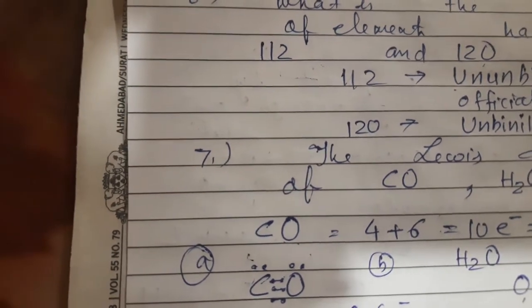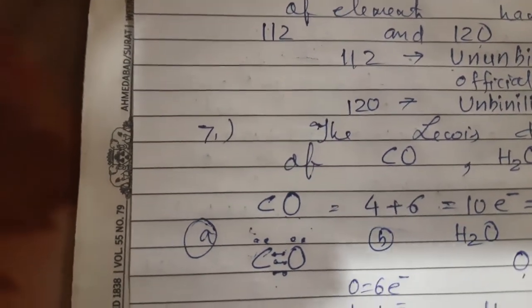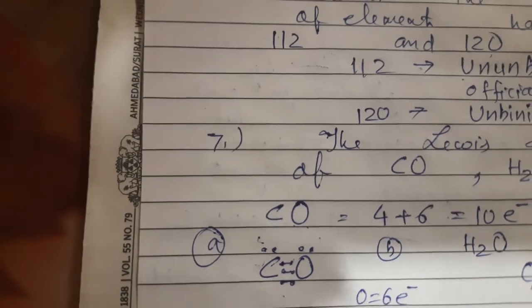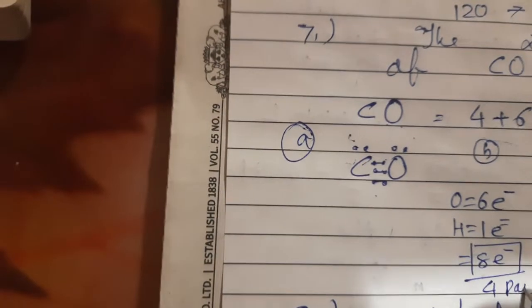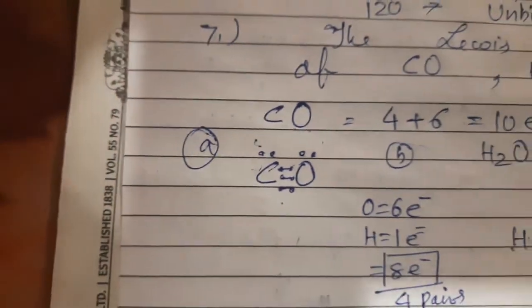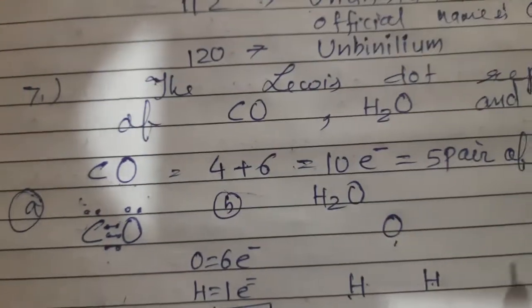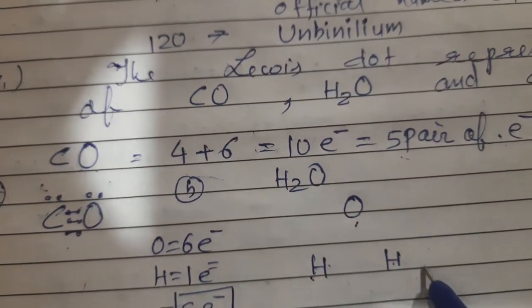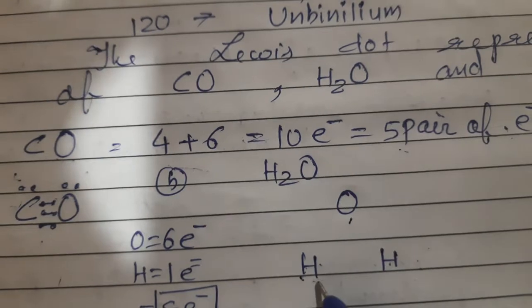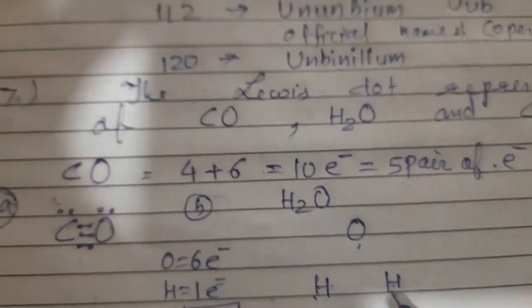So 1 plus 1 is 2, 2 plus 6 is 8. 8 electrons means 4 pairs. We have to adjust 4 pairs so that the octet, as well as the duet for hydrogen, is completed, because hydrogen can be only like helium, so it can have only 2.